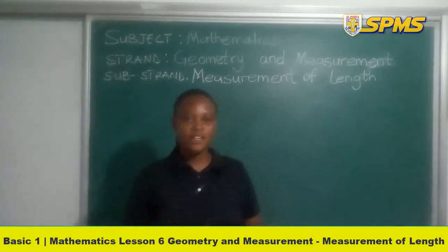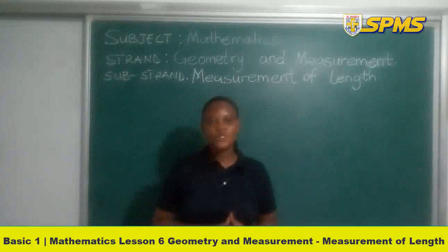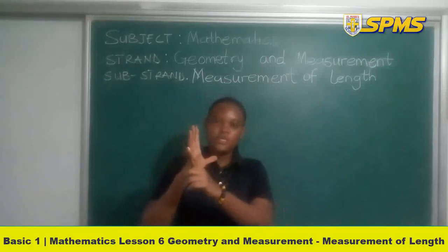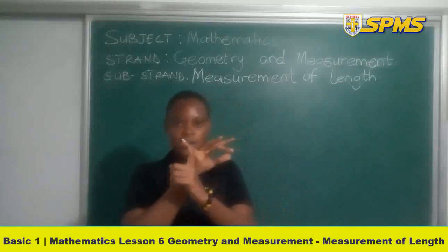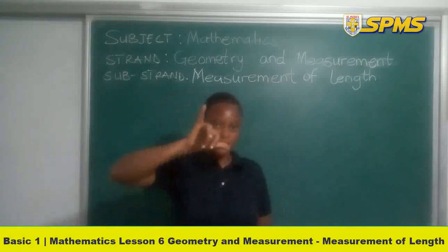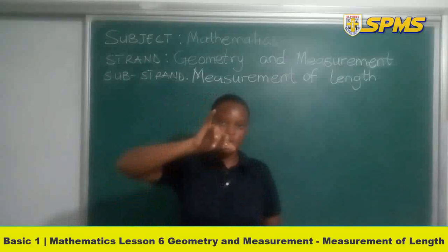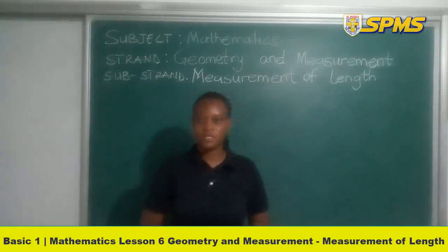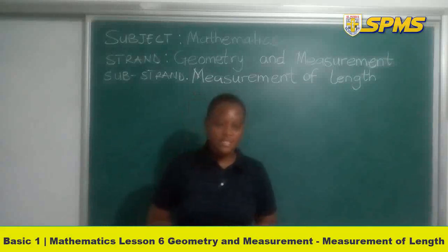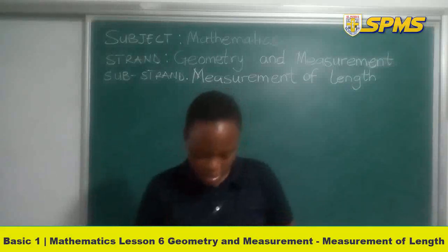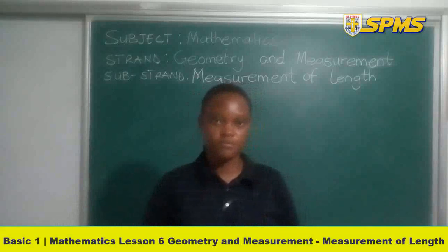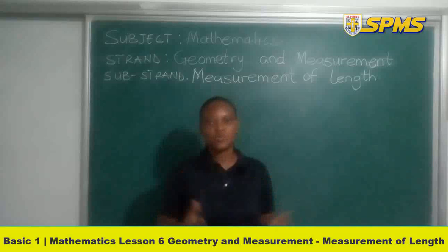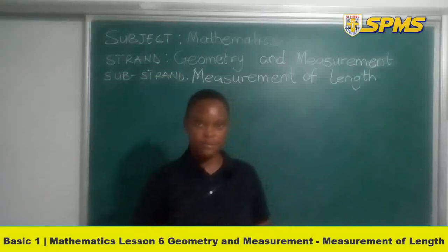The hand span is the distance between the tip of your thumb to the tip of your little finger, like this. Also, we can use the foot. It is the space between your feet. So we can measure using these two body parts.